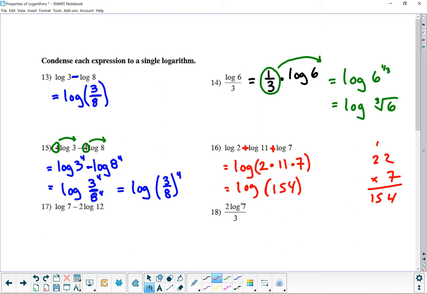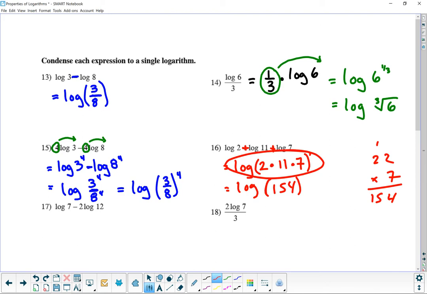But I'm not really condensing it. When I condense it, I kind of want to see where all the stuff came from. So log of 154 is okay, but I want it to condense into a single log, and for me, this is good. I could divide 154 by a variety of other factors.